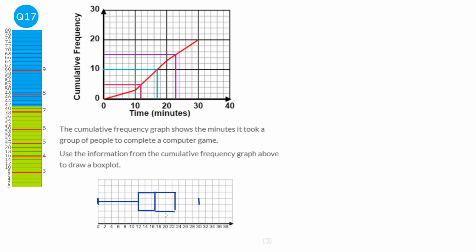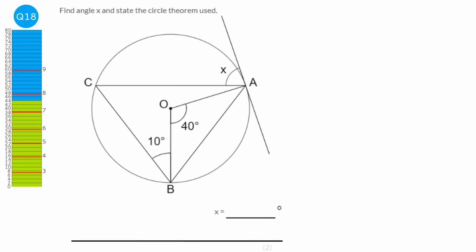I need to move that line a little bit. There we go, and let's fill in the last bit, join it up with the highest point, and there's our box plot.